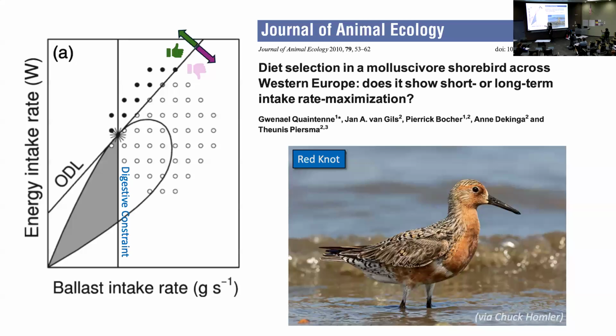When you involve this ballast stuff, though, there ends up being at least one type of prey that has a partial preference. So it'll be like 40% of the time. When they encounter this mollusk, they effectively flip a coin in their head. And you say, what is the point of that? Well, it turns out that sometimes they need to give their gizzards a break.